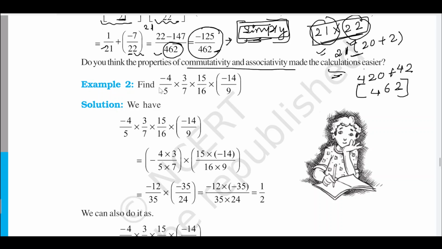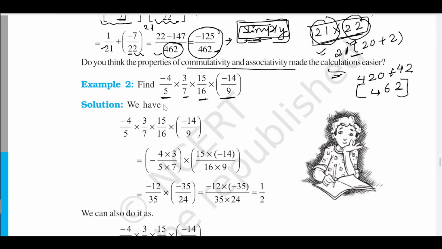Now there is another example: minus 4 by 5 into 3 by 7 into 15 by 16 into minus 14 by 9.